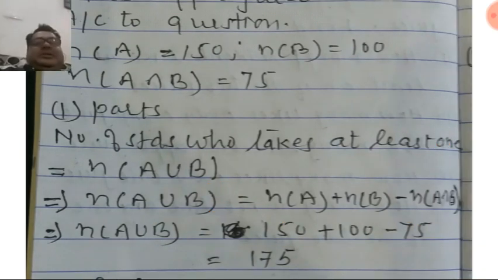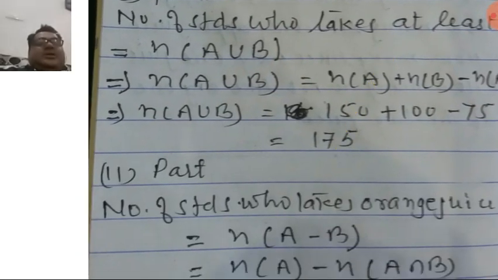In the next part, you were asked to find the number of students who like only orange juice. Only means what? I told you about the difference of sets.